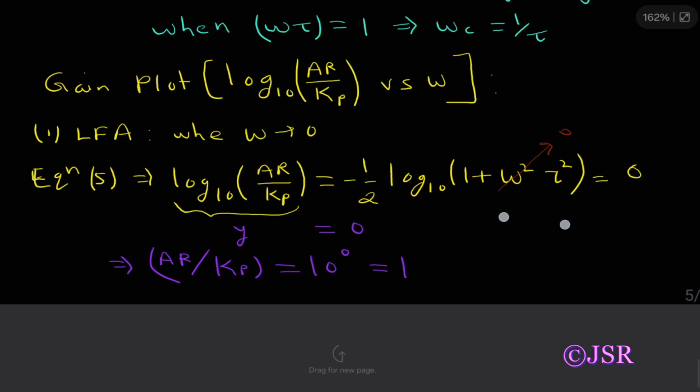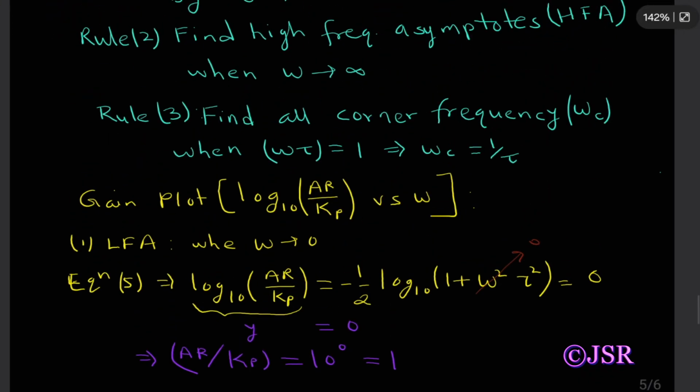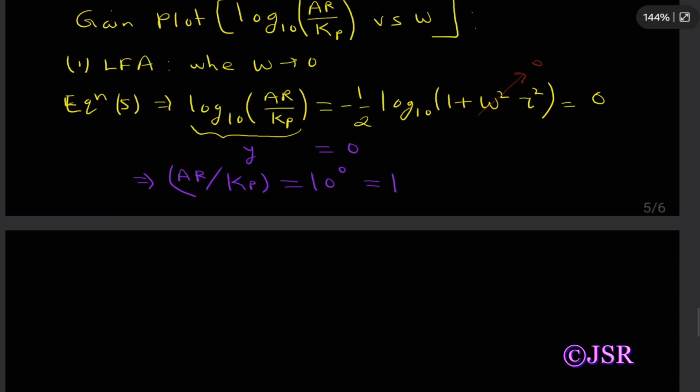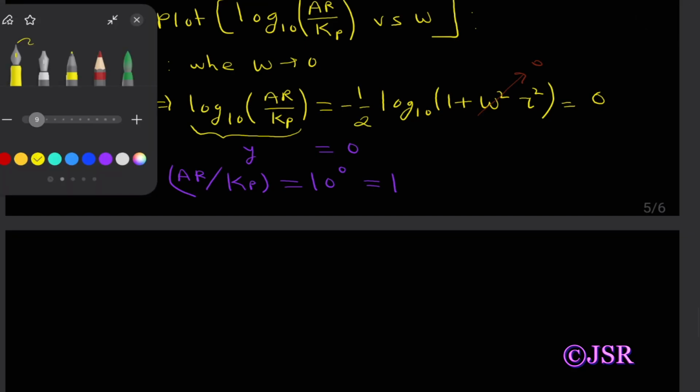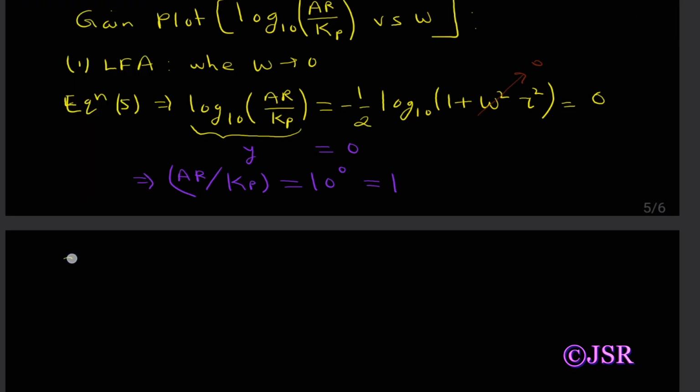So the next, following the next rule, rule number 2, find high frequency asymptote.